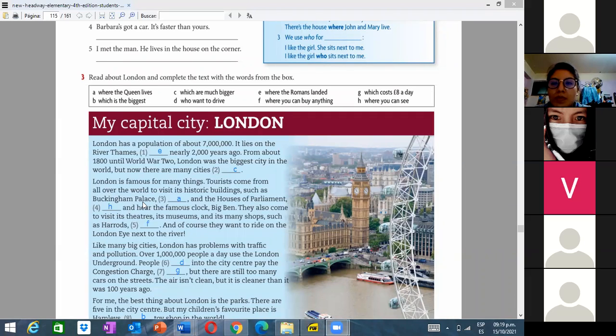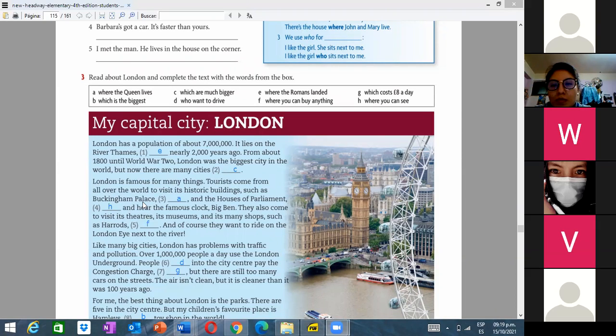Tourists come from all over the world to visit its historic buildings, such as Buckingham Palace, where the Queen lives, and the Houses of Parliament, where you can see and hear the famous clock Big Ben.